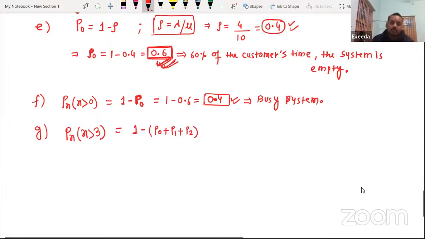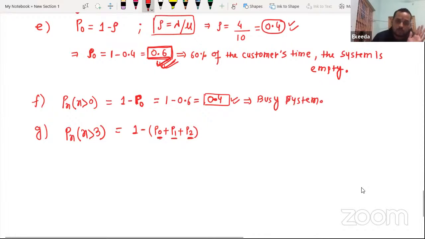It means there should not be 0 customers, 1 customer, or 2 customers. So we are just subtracting these values from the total probability.